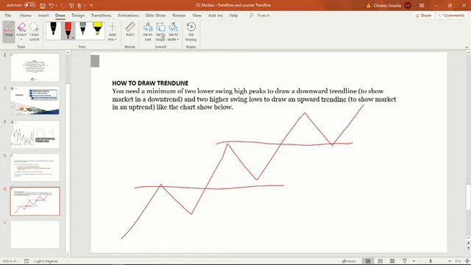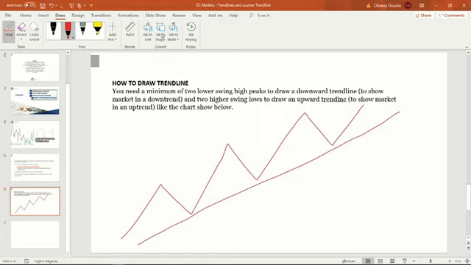But if you notice too, it also forms an angle. If I try to draw a line that cuts across the bottom, you would notice that the market keeps bouncing off areas of support in this case.